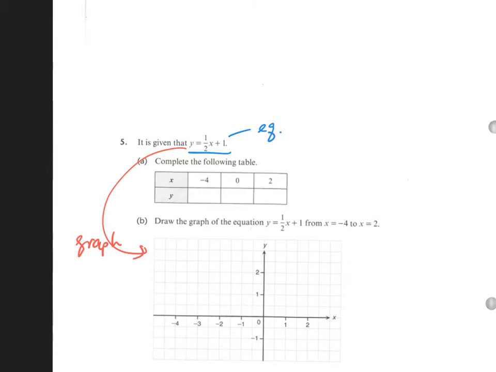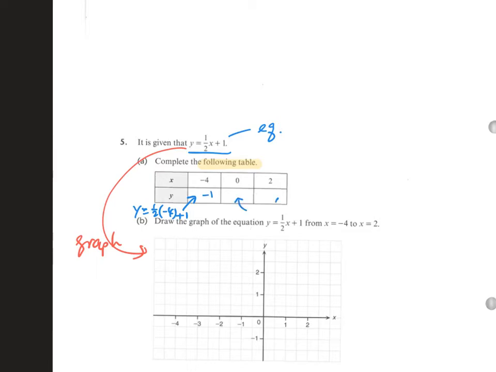The way we do it is, we are still using a table because we need some ordered pairs. For example, here, when x is minus 4, you check y is 1 over 2 times minus 4 plus 1. By calculator, you'll get minus 1.